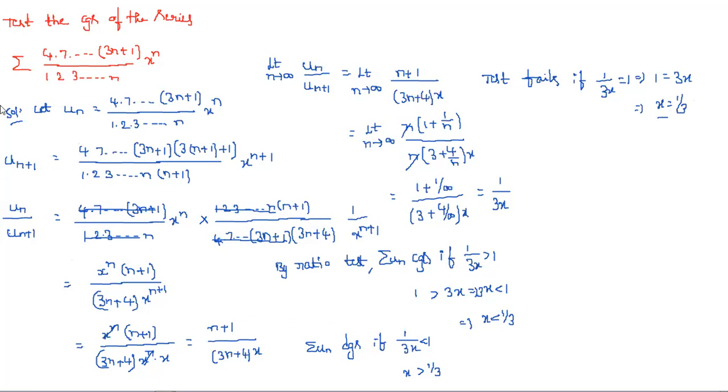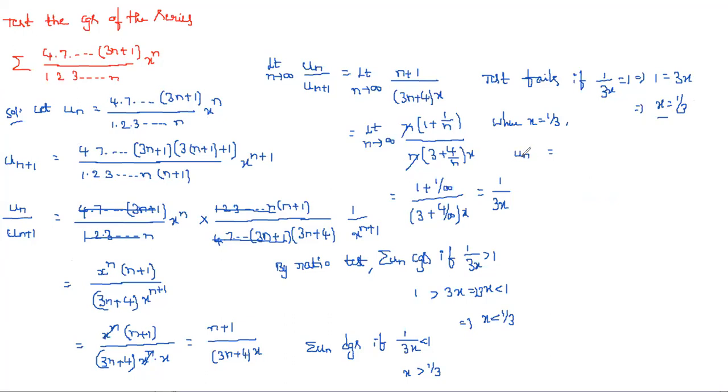So now at x equal to 1 by 3, what will happen in un? When x is equal to 1 by 3, for that we go, in this case we may apply Raabe's test.